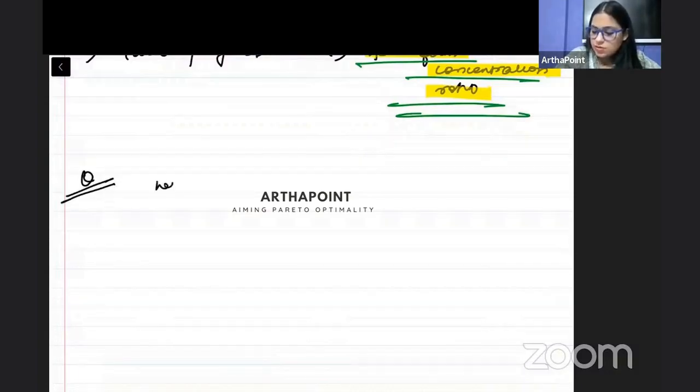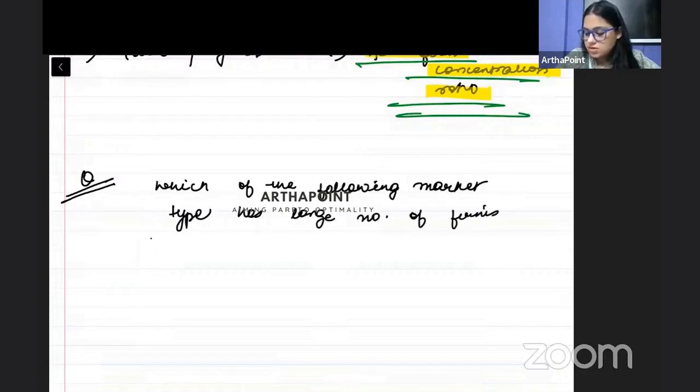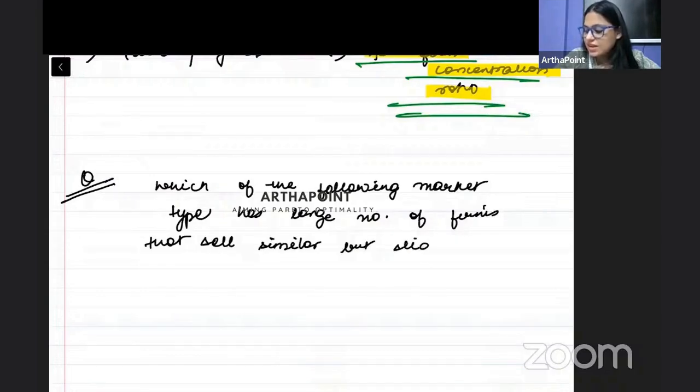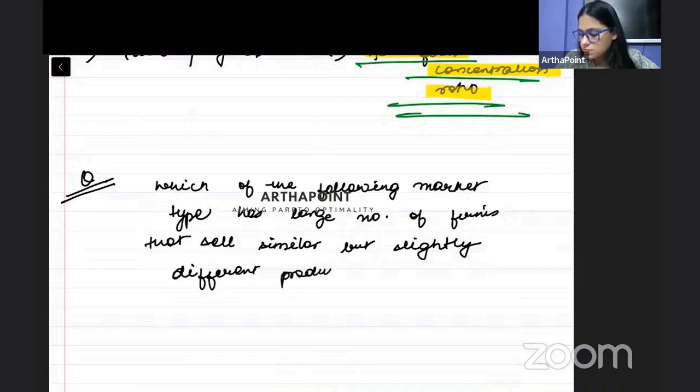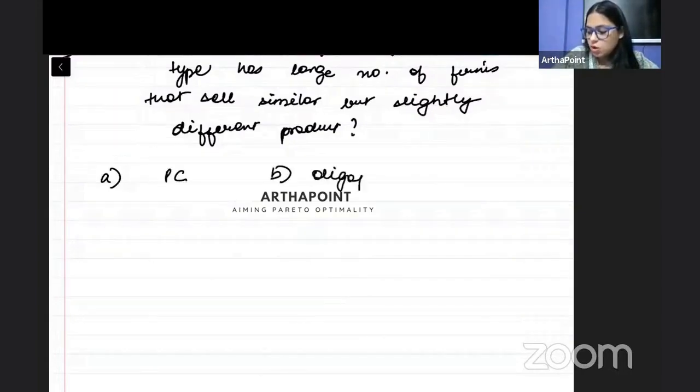Next question. Which of the following market type has large number of firms that sell similar but slightly different product? इनमें से कौन सी ऐसी मार्केट है जो सिमिलर बट थोड़े डिफरेंट प्रोडक्ट सेल करती है? सो आप ऑप्शन नंबर ए, परफेक्ट कंपटीशन. ऑप्शन नंबर बी, ओलिगोपोली. ऑप्शन नंबर सी, मोनोपोलिस्टिक कंपटीशन. ऑप्शन नंबर डी, मोनोपोली.